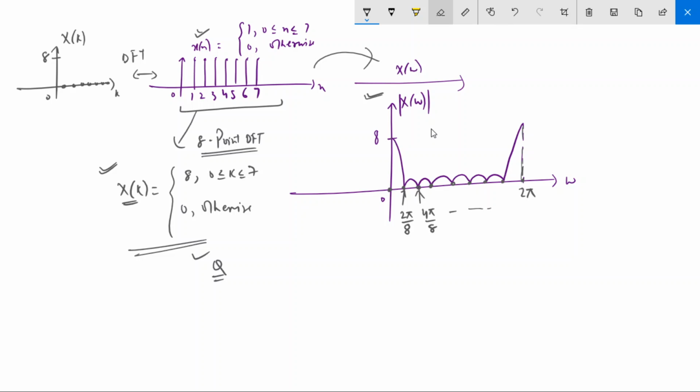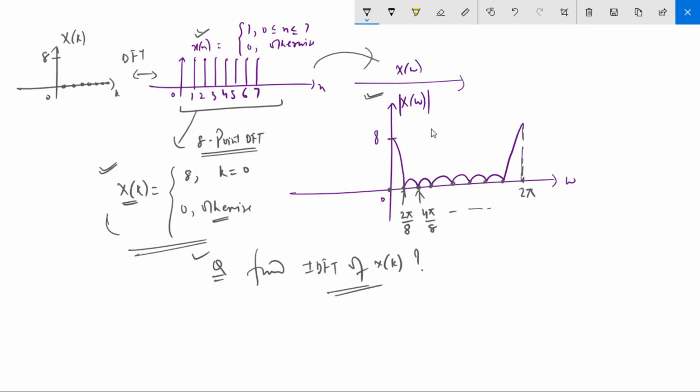Sorry, I have written this mistakenly here. This is X[k] equal to 8 for k equal to 0, otherwise it is 0. Now you have to find the IDFT of X[k].